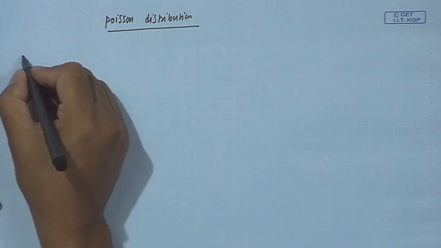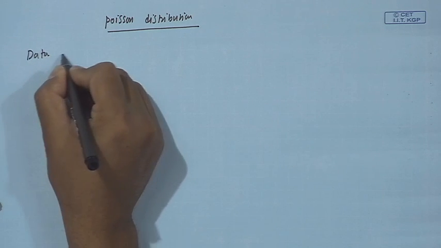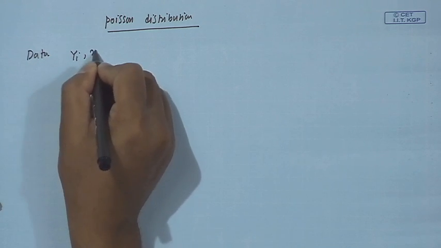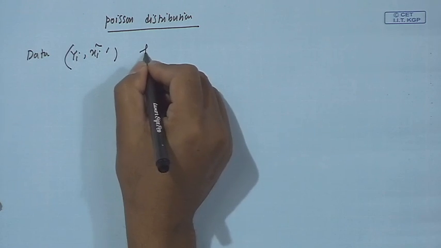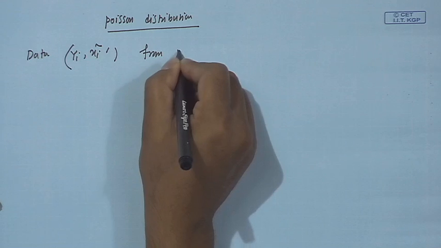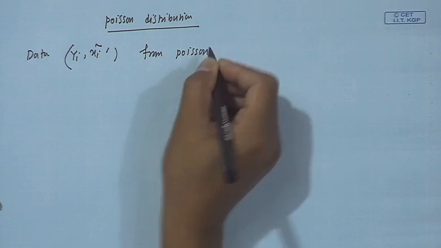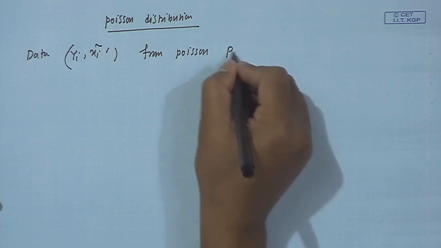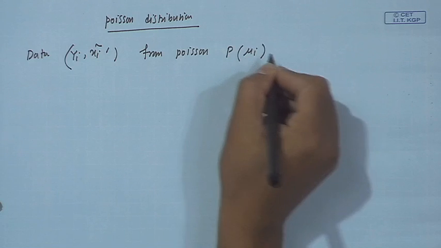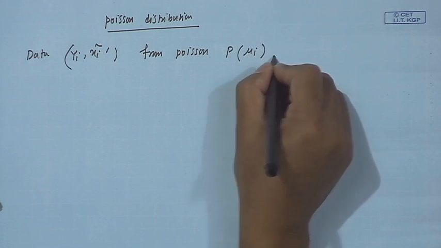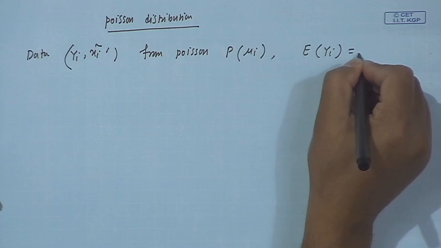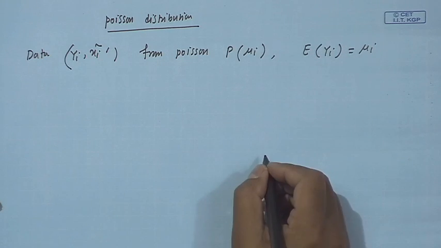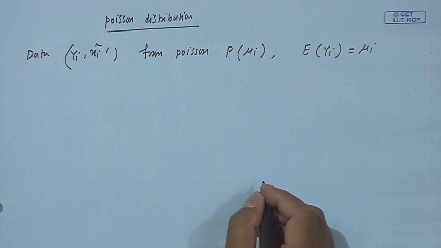So, suppose we have data y_i, x_i prime from Poisson with parameter say mu_i. That means, expectation of y_i is equal to mu_i. Generally, we write lambda_i, okay.